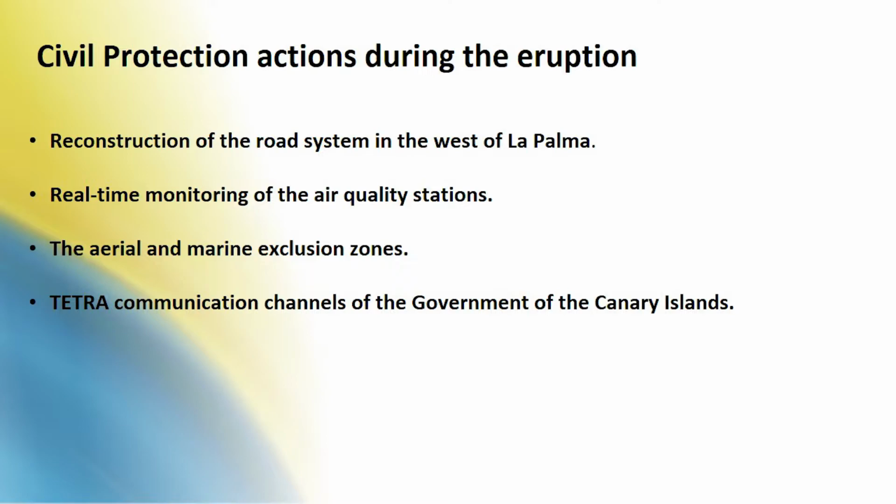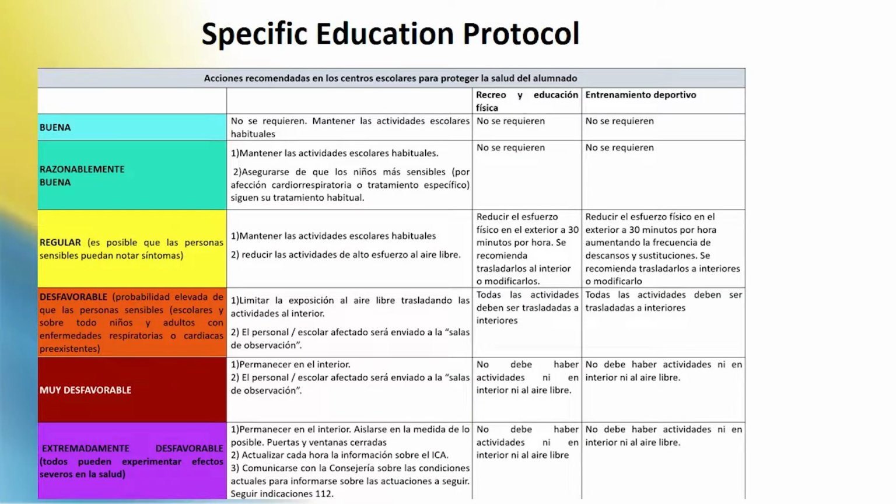The real-time monitoring of the air quality stations, very important to protect the population from the gases, principally. The aerial and marine exclusion zones, and guarantee the communications for all the participants. We was working also during the emergency on new specific education protocols, in different ways.